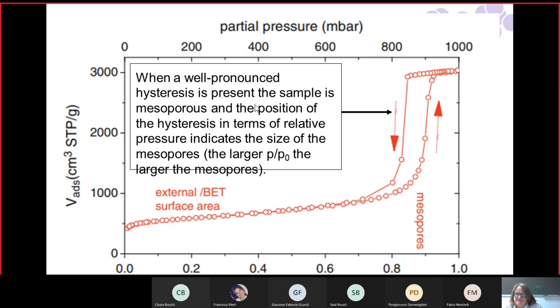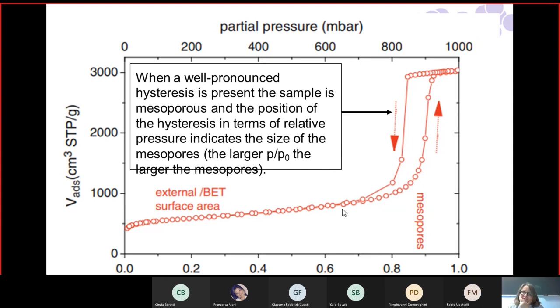And the position of where this occurs is related to the size of the mesopores. So if the hysteresis occurs over here, in this area, you would have smaller mesopores than if it occurs over here. So if you're comparing different samples, you would see that difference.